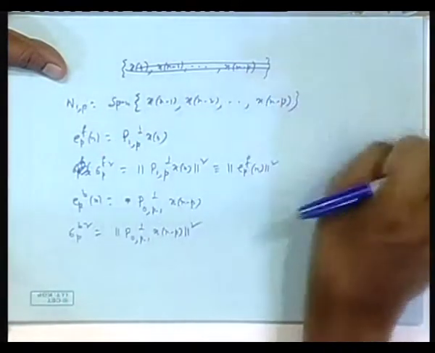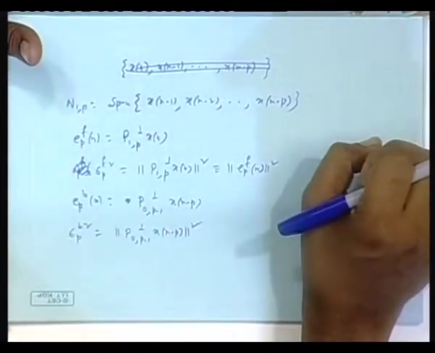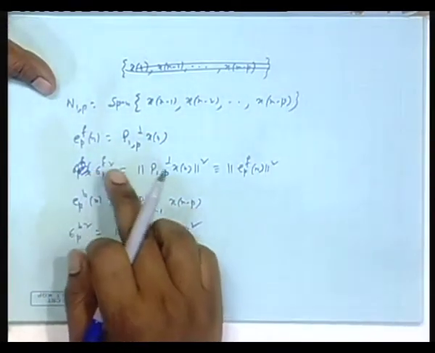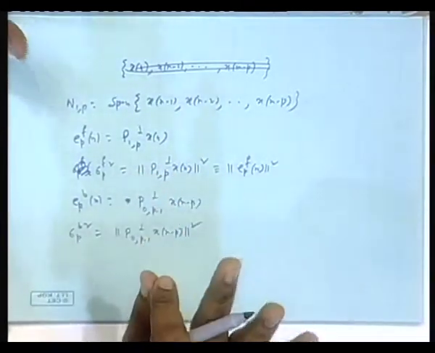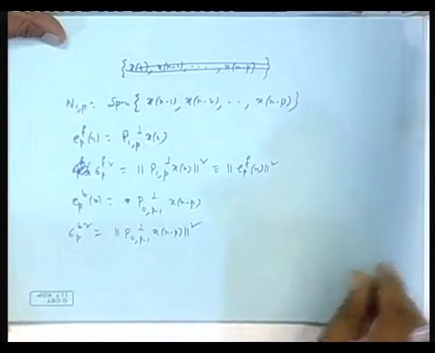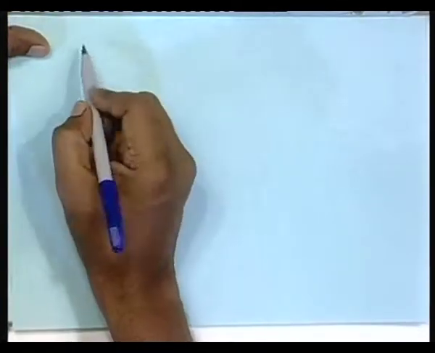Okay. And then I projected x n on this, with projection on this part, projection on the other part, then took the error, and we got an expression for E p plus 1 f n. Similarly, we did it for E p plus 1 b n. Just for your sake, I am writing the recursion; we draw the lattice stage also. The recursions were like this.